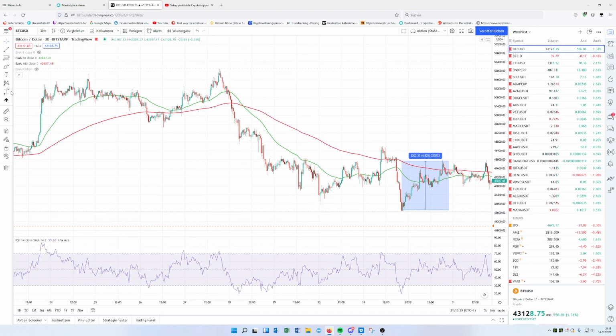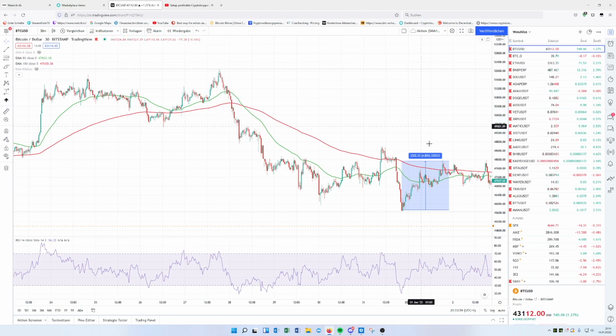Same goes in the other direction. If we have a peak here and we see, okay, we are overbought, so the share will maybe drop really soon, we would have made, looking at the RSI, which is overbought here and oversold here. You could also, if you're shorting, but I'm not personally shorting, that would be also like 6%.